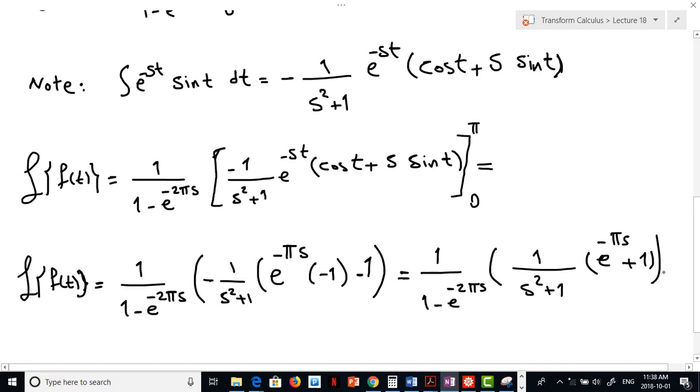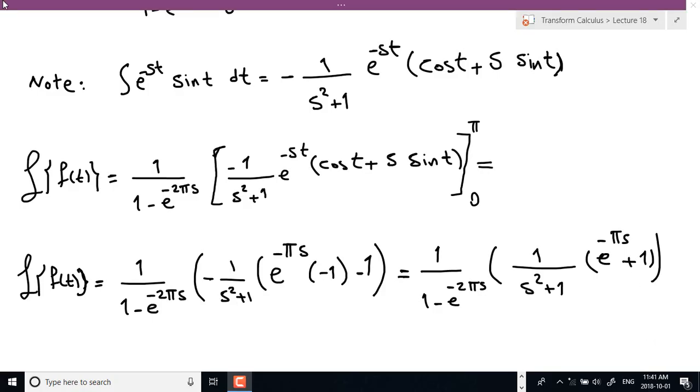So we could find the Laplace transform of this function, and I can simplify it more.